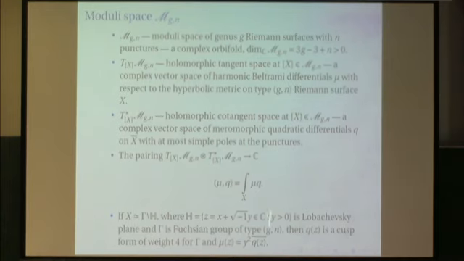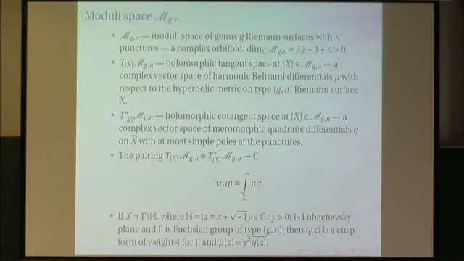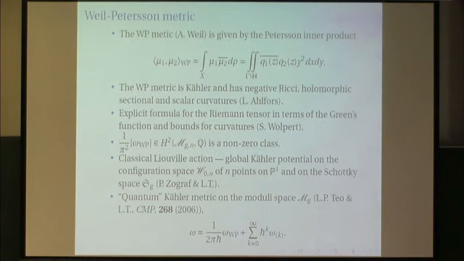And just to make it a true deformation theory, we need to show how to integrate, how to go from one surface to another nearby. This is done by elliptic regularity using Beltrami equations. So that's all. Now let's discuss the metric properties. The Weil-Petersson metric was introduced by André Weil, and is given by the Petersson inner product of two tangent vectors.